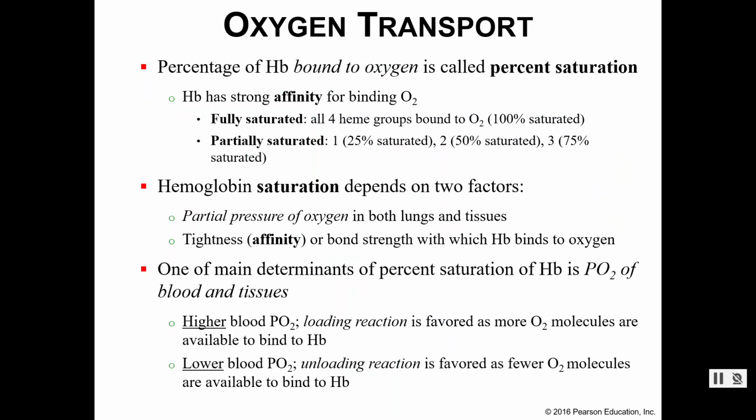This would be considered 100% saturation, or fully saturated. Anything less than the 4 heme groups being fully bound would be partially saturated, so you can have either 1, 2, or 3 oxygens bound, and therefore you could be 25, 50, or 75% saturated for 1 hemoglobin molecule.